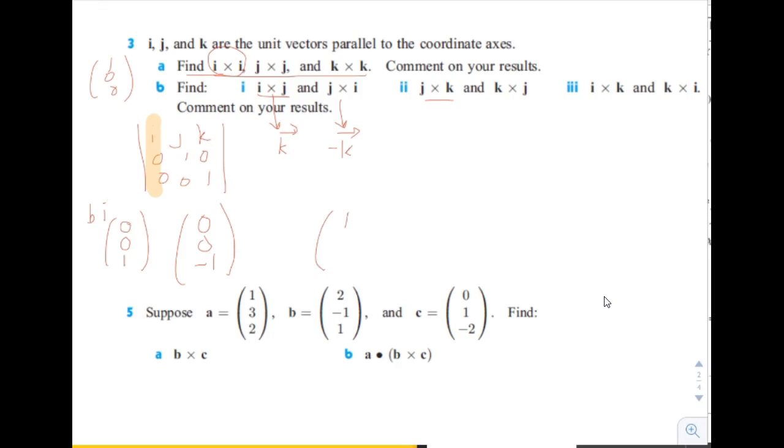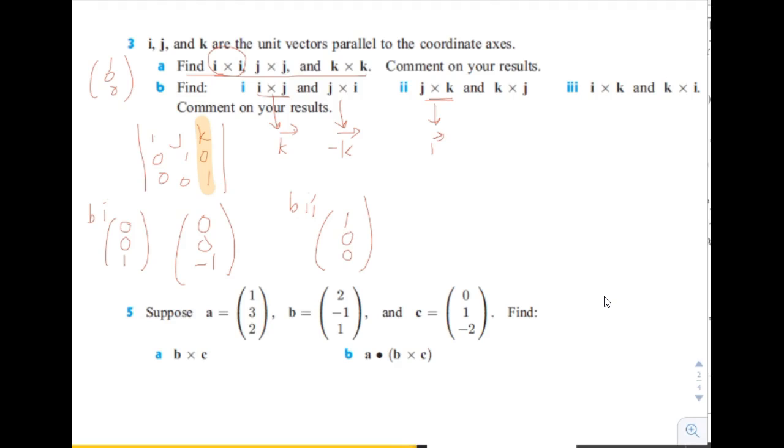And then if we cover the J vector up, we are going to get a determinant of 0. And if we cover the K vector up, we're going to get a determinant also of 0. So that is the answer for B2, J cross K. J cross K would give an answer of the I vector.